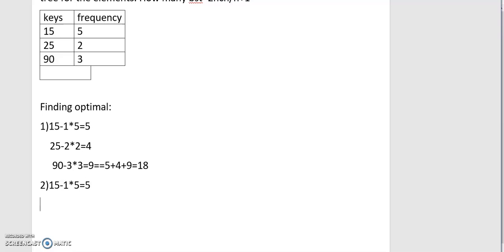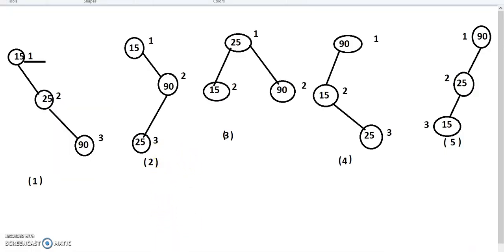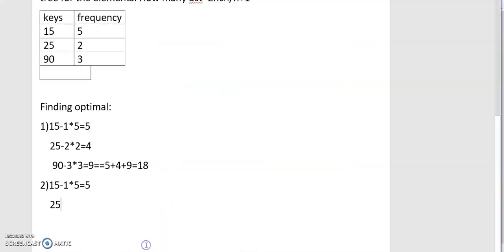Then 25: for 25, how many comparisons have we done? Here it is 3. That is 3 into frequency 2 is equal to 6.